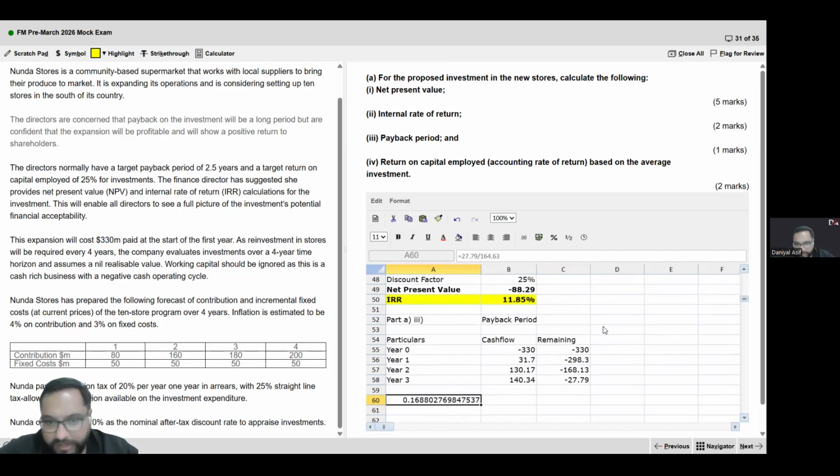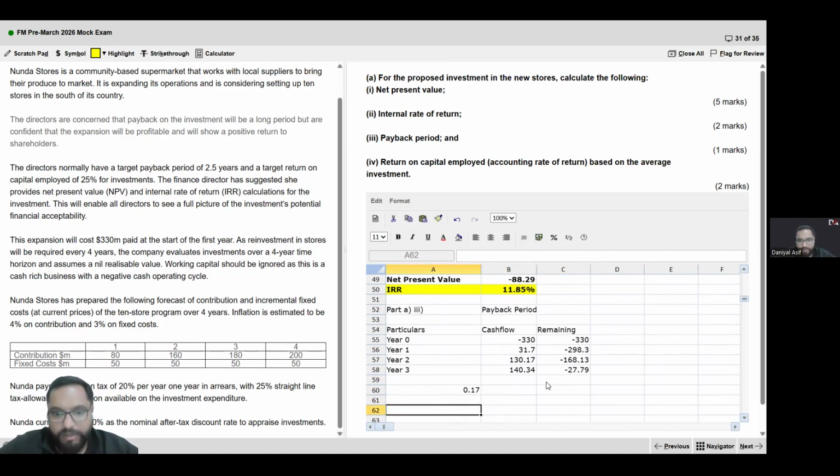This will give us the fraction of the period in which you will earn the remaining balance. That is 0.17 years. So our payback period is 3.17 years.